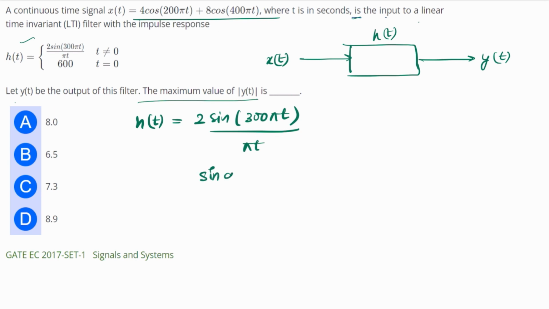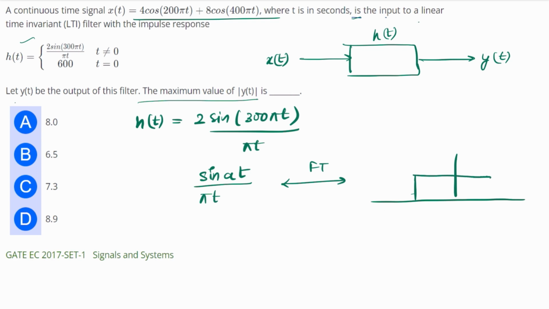So in general, the Fourier transform of sine at by pi t is a rectangular function with magnitude 1, which lies from minus a to a. So this is how we convert sinc at by pi t into its frequency domain.